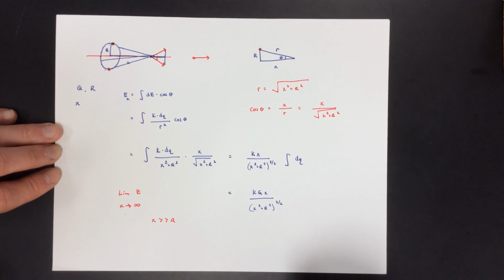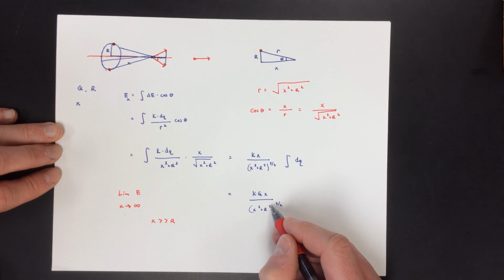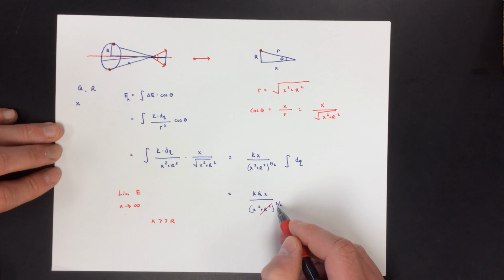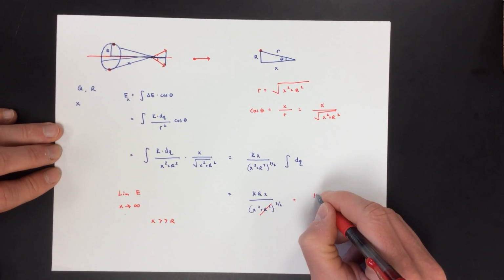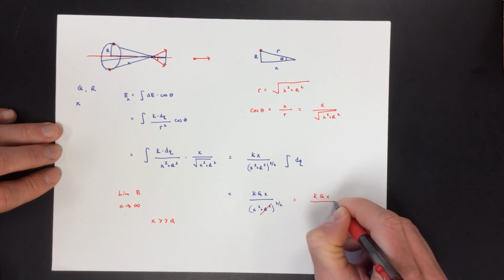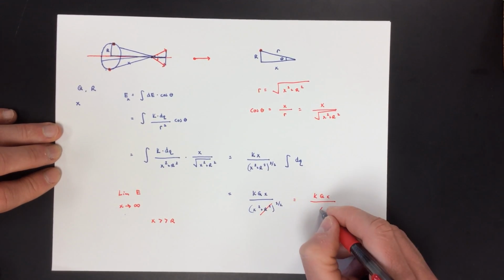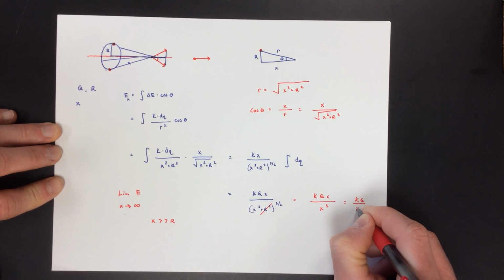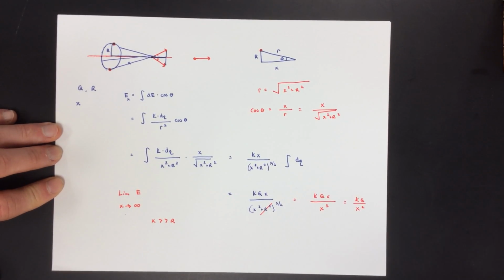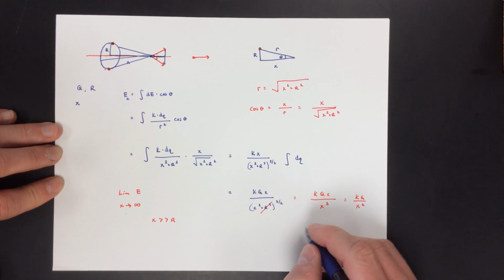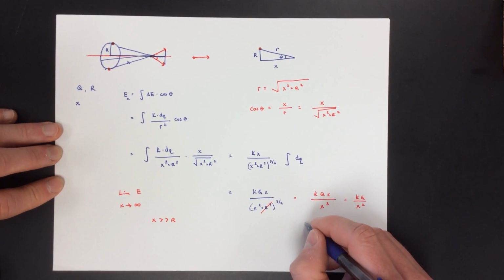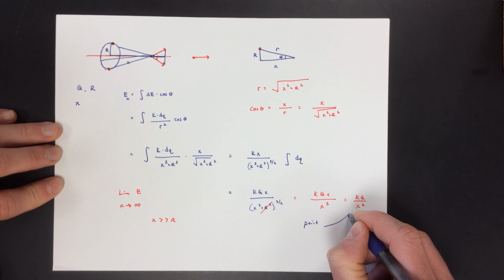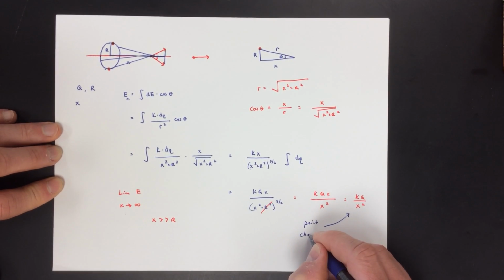Again, if x is much, much bigger than r, then this goes away to 0, and then you get x squared to the 3 halves, and so you get k, q, x. X squared to the 3 halves is just x cubed, which is then k, q over x squared. And you're like, oh, cool, that makes sense. Because eventually, if I had a ring of charge and I got far enough away from it, then it really shouldn't look like a ring anymore.